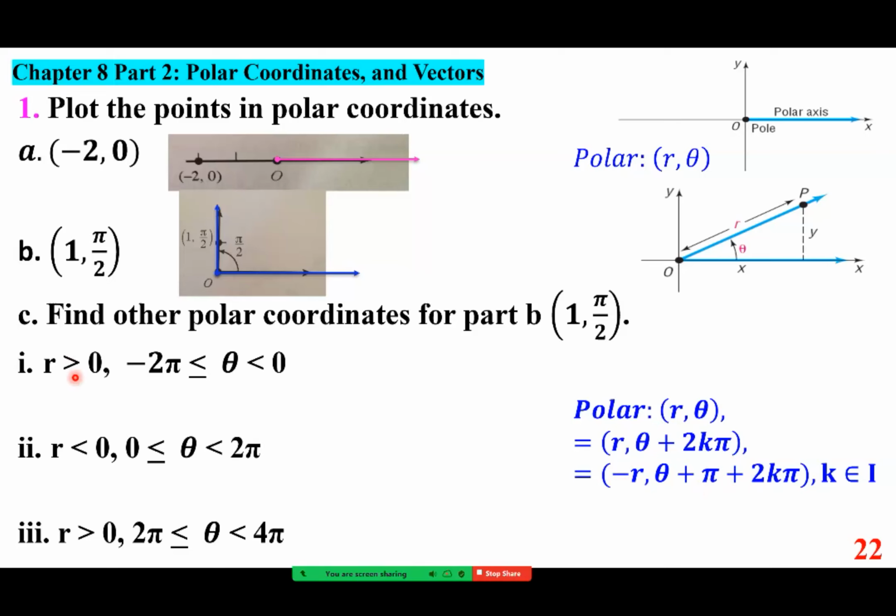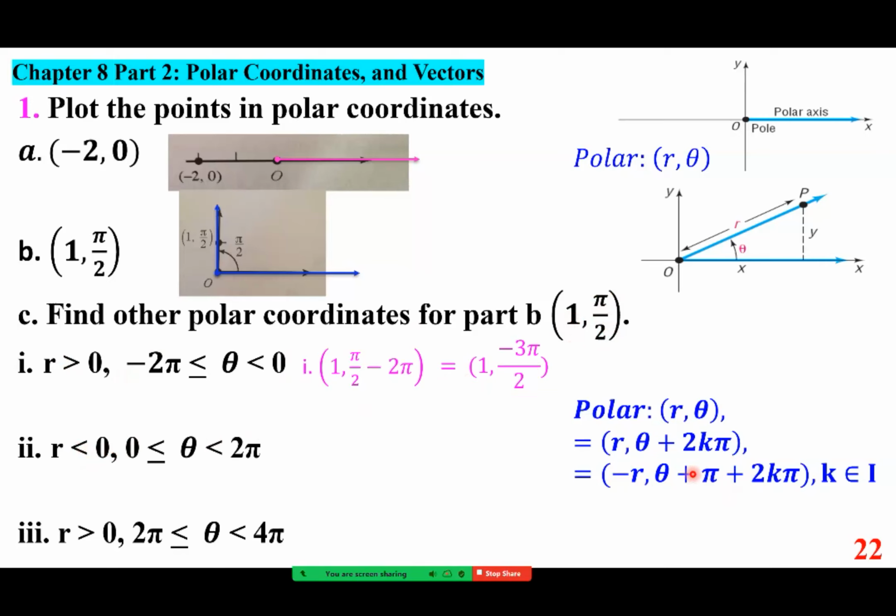In this case, r is positive, but I want theta to be between 0 and minus 2 pi. All I have to do is subtract 2 pi to make this negative. That gives me negative 3 pi over 2, and r doesn't change. Since we want r to be negative, let's negate it and make this negative 1.